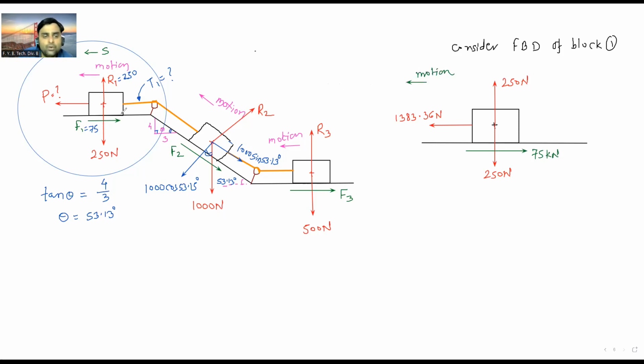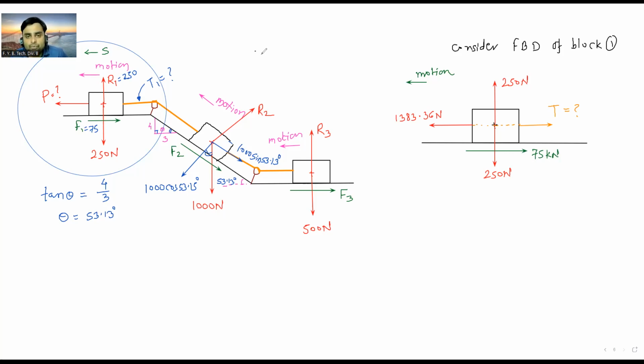Okay, and now it is cut over here. So here we can show T is the tension in the string. And these forces we always show from the centroid. So T is the tension in the string, and this value we need to calculate.